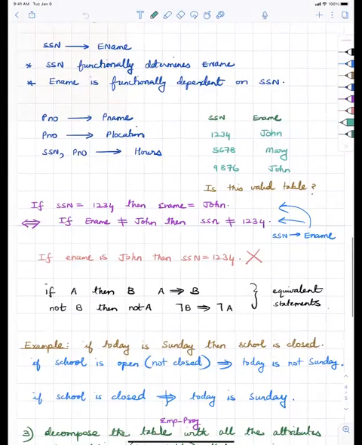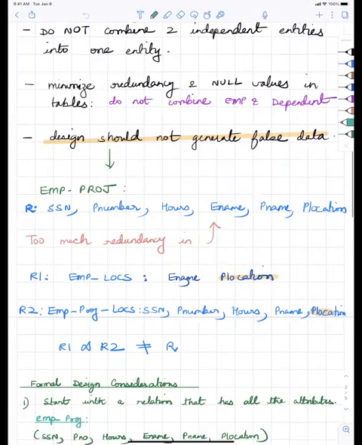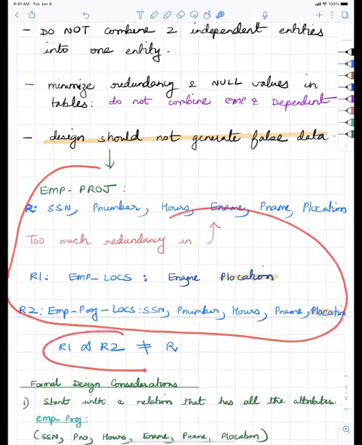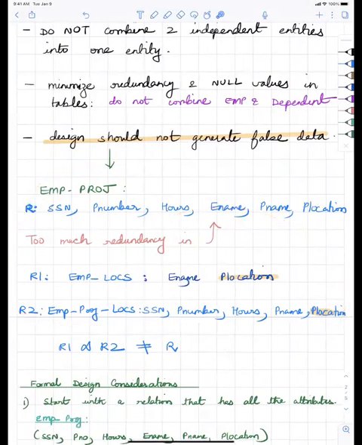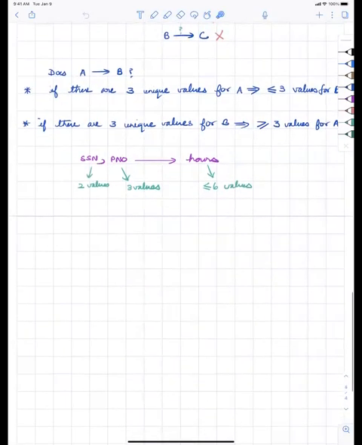We were looking at the employee project table, and we divided it into these 2 tables, and we found that R1 cross R2 was not giving you R. So for the same example, the way that you should actually divide it using functional dependencies would be this. This is the employee project example we did in the last class.